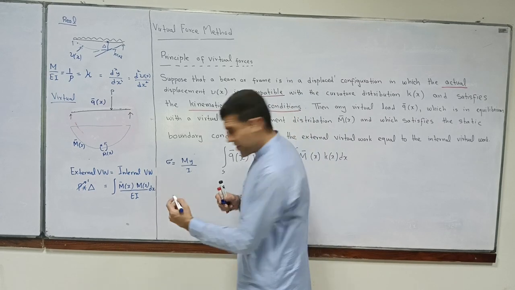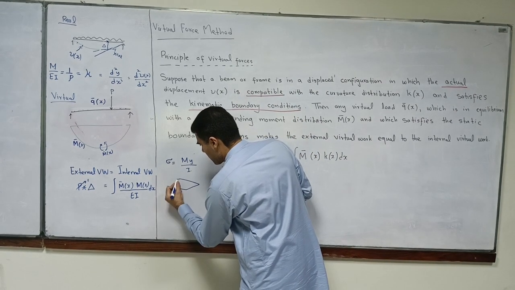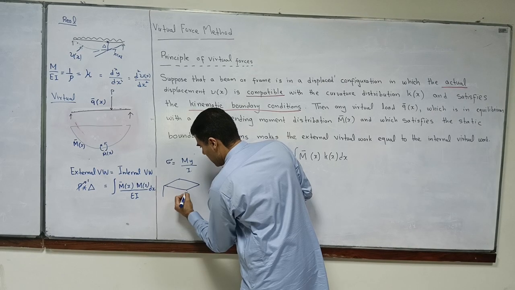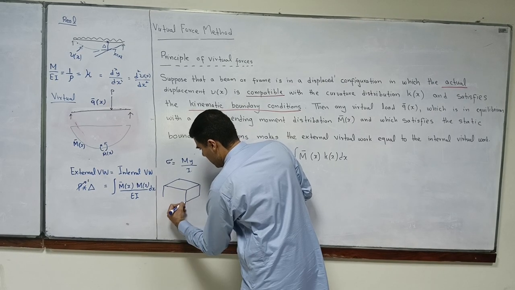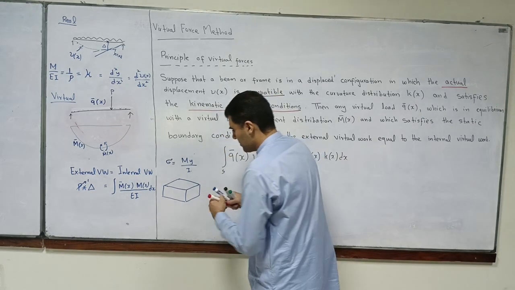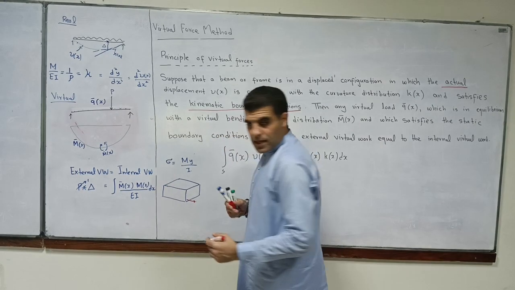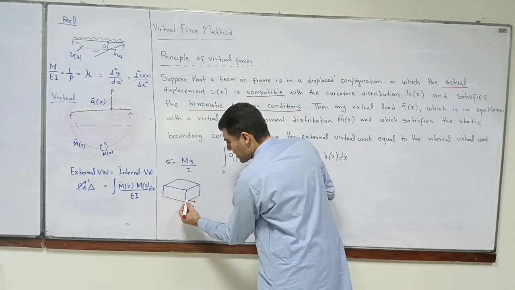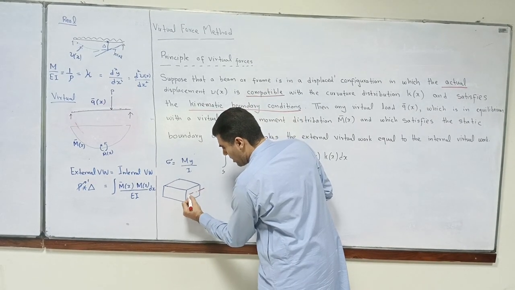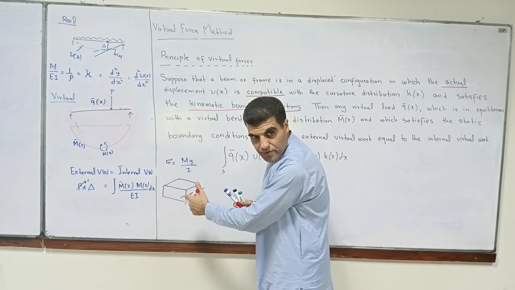This thing we discussed in detail. We said that if you have a beam and you take one fiber over here, you take the moment of that fiber about the neutral axis.